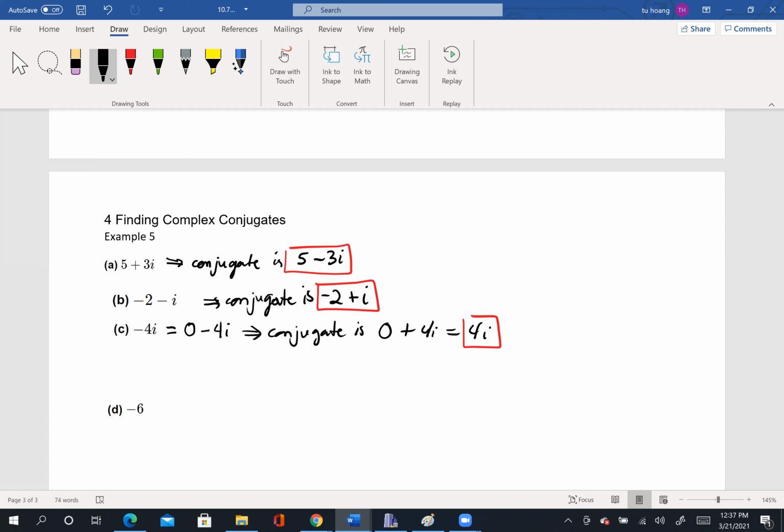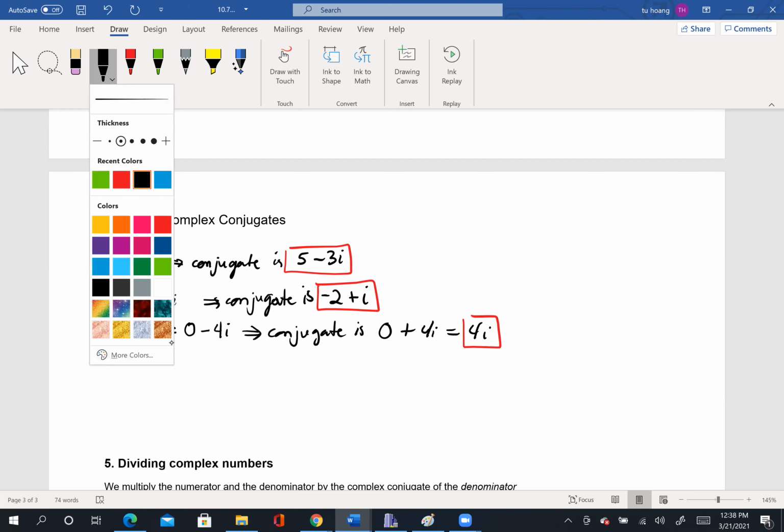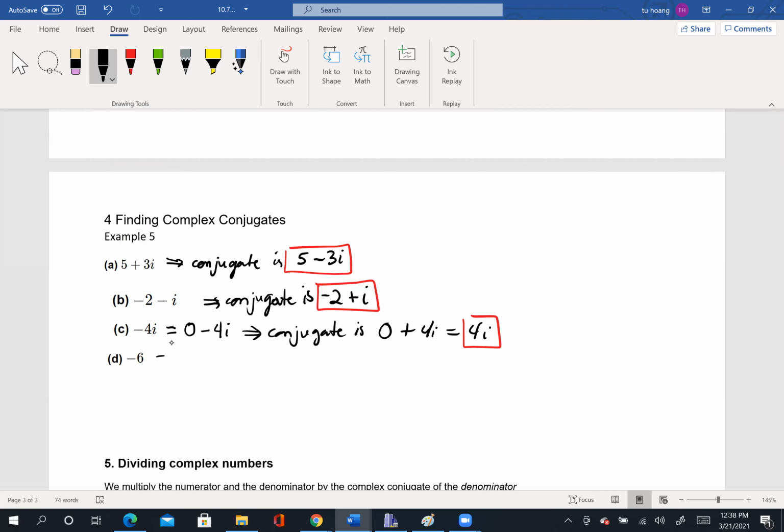Okay, so what about now? I have d equal to negative 6. That's a little bit different from what we had before, but try to think about converting it to complex general form. So you have negative 6 plus the imaginary part. Here you don't have i, so you write it as 0i. So the conjugate is negative 6 minus 0i.